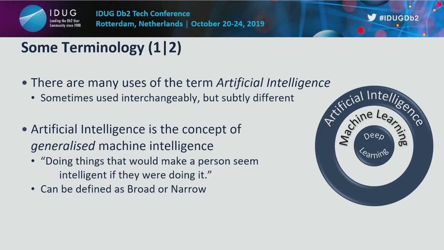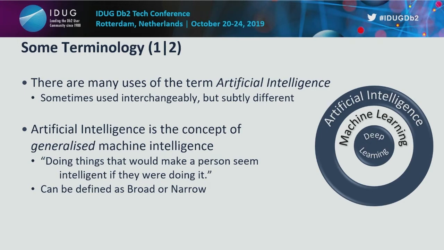From a terminology point of view, I just wanted to clarify on this one because I think a lot of the terms get interchanged, and it's not always clear what people mean, but there's kind of a hierarchy. So really, anything that can be described as a generalized machine intelligence can be described as artificial intelligence.